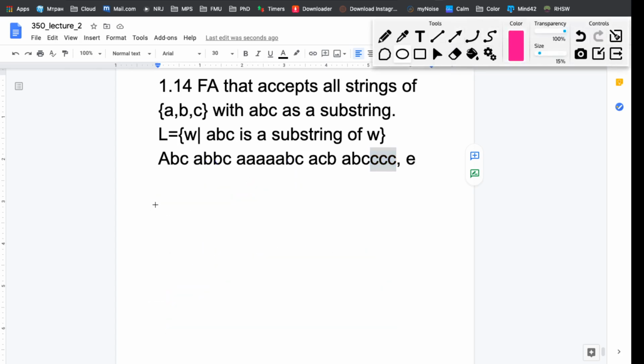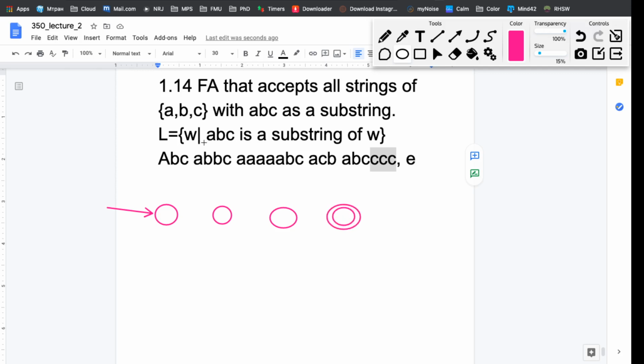One state, another state, another state. I don't have any clues, I'm just trying to come up with this on the spot. So A, B, and then C. That's going to be our start state, and that's going to be our accepting state.